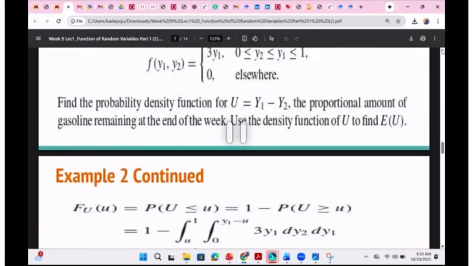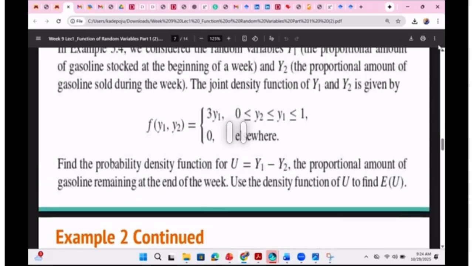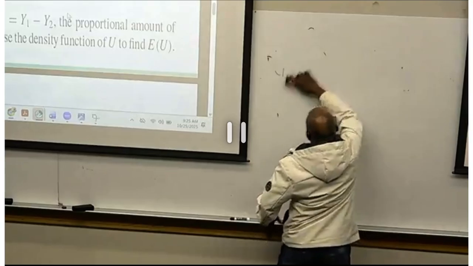Let's take a look at what we have. So this is y2. If you solve for y2 here, that should be y1 minus u. You know what I'm talking about? Pay attention. If you don't understand, ask questions, like I said. I'm looking at the relationship now.